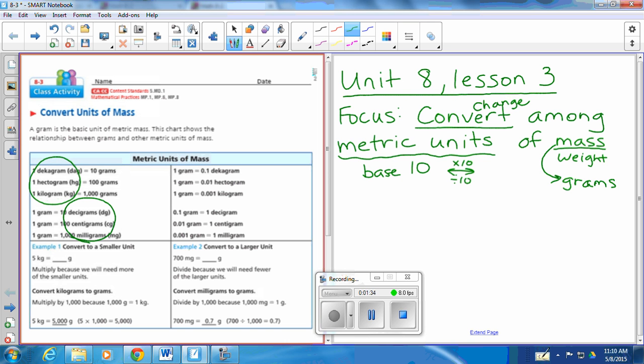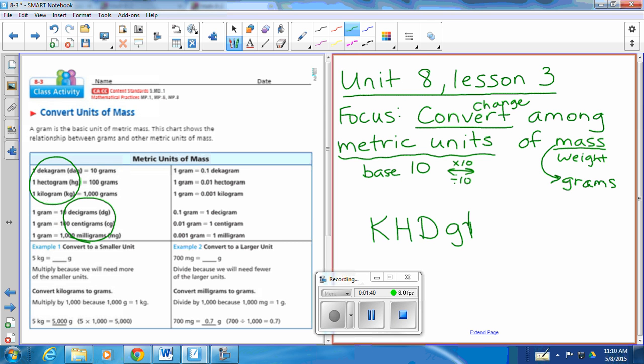So we are still using King Henry. Let me rewrite that so it's a little more clear. Sorry about that. Okay. So we still have that same rule that we're following. King Henry died gracefully drinking chocolate milk. We just changed our base unit here to grams because that's what we're focusing on today.